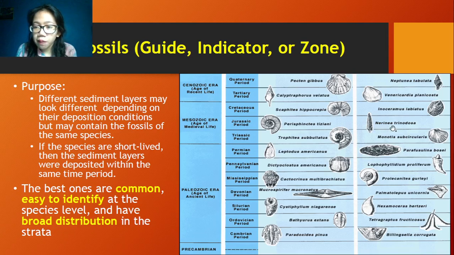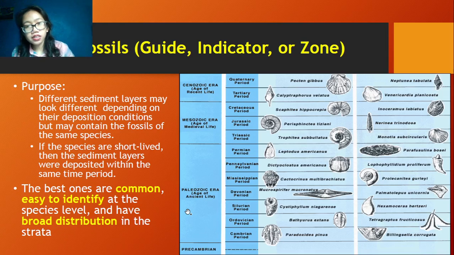For example, in another rock layer, there is a Nerinea trinodosa. Automatically, that's from the Jurassic period during the Mesozoic era. Again, we have Paradoxides pinus, which is automatically from the Cambrian and the Paleozoic era.